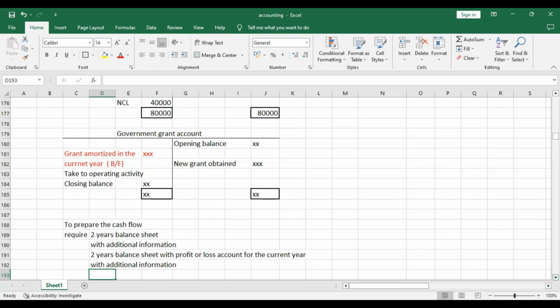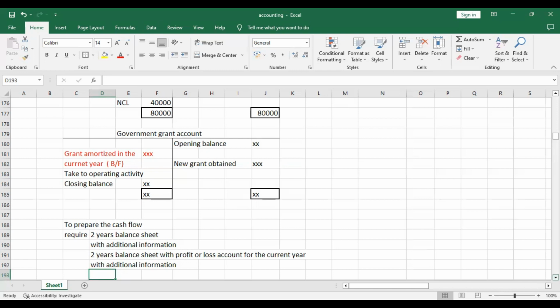Once you have clarity about this missing information, then in lecture 3, I will take a hypothetical example with as many adjustments as possible to prepare the cash flow statement. So let you understand these key accounts, these formats, what is debit, what is credit, how to find the missing information. That will help if you understand which account shows which balance.